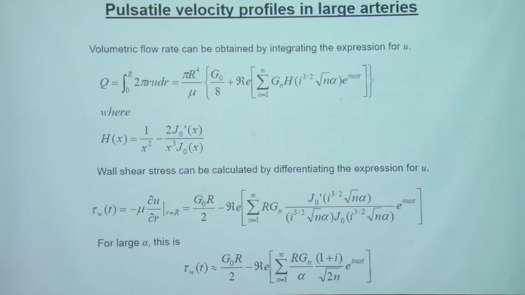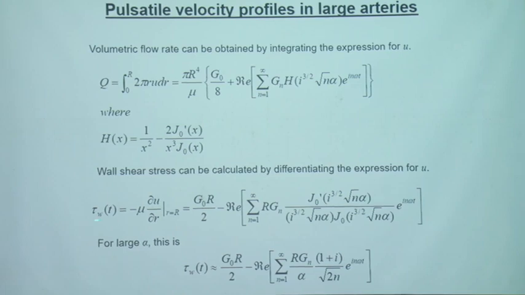And likewise, you can integrate the velocity profiles over the cross-sectional area to obtain the volumetric flow rate. And then again, one of the parameters that I mentioned earlier, which is quite interesting and plays a significant role in the development of atherosclerosis or other arterial diseases, is the shear stress, especially the shear stress at the wall acting on endothelial cells.